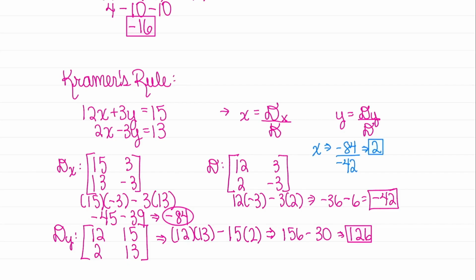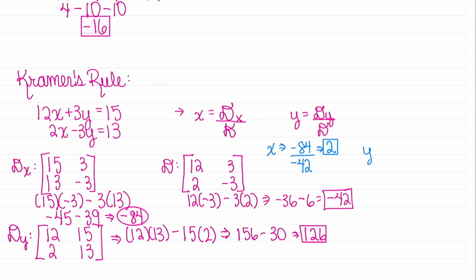And then for the y value, we're going to have 126 over -42. So that answer is going to be -3. So the solution to the system of equations here is 2, -3.